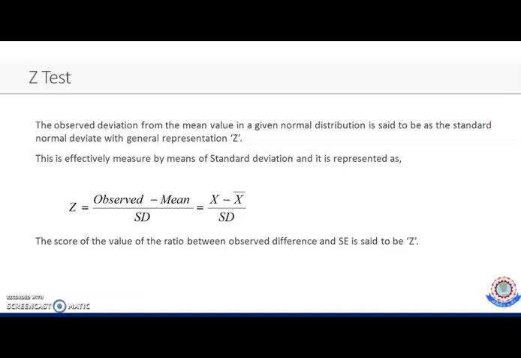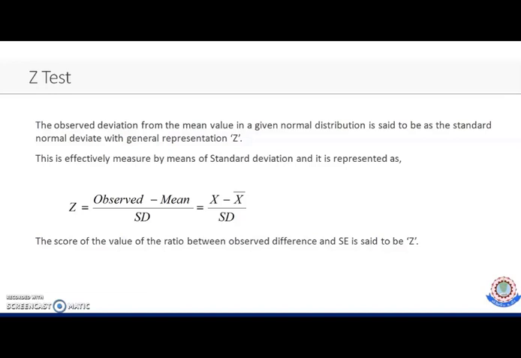It is measured in terms of standard deviation, focusing on how much a given observation or a tuple of record is smaller or higher than the mean value, described in units. So the formulation goes with this, that is Z is equal to observed minus mean by standard deviation.